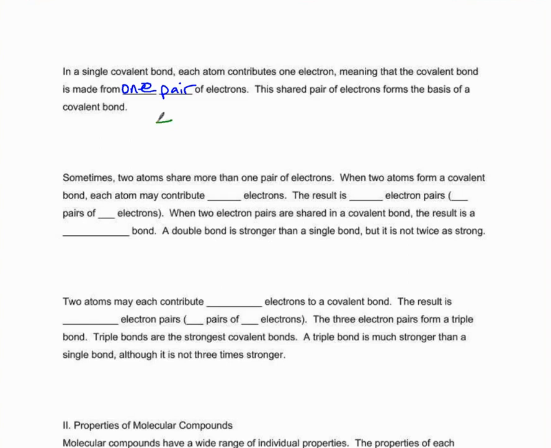So let's talk about fluorine. And we've got 2 that are in close proximity. They're going to start sharing. So fluorine has 7 valence electrons. And so I'm going to draw it like this with the single electrons facing each other.